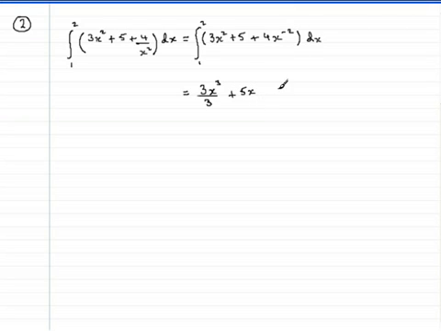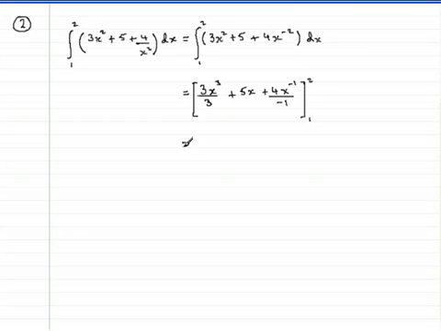And when we come on to the third term here, plus 4, add 1 to the power, x to the power minus 1, be careful there, very easy to say minus 3, and then divide by the new power minus 1. We don't need a constant because we've got limits here, so let's just put this in square brackets like so, and they go between 1 and 2.